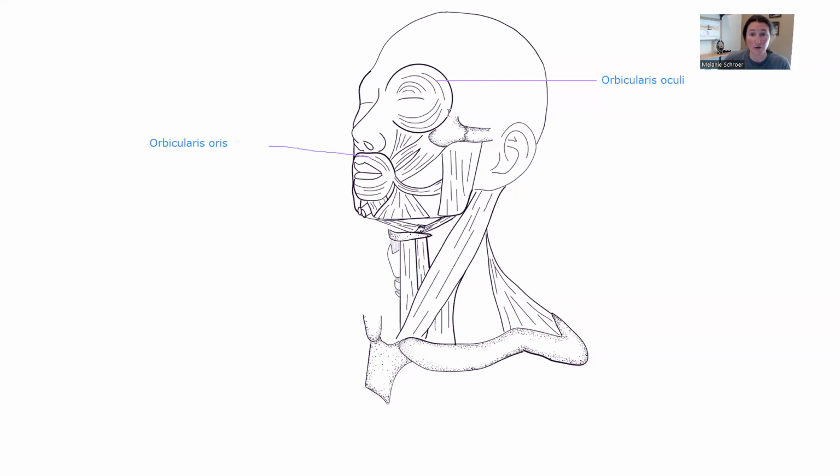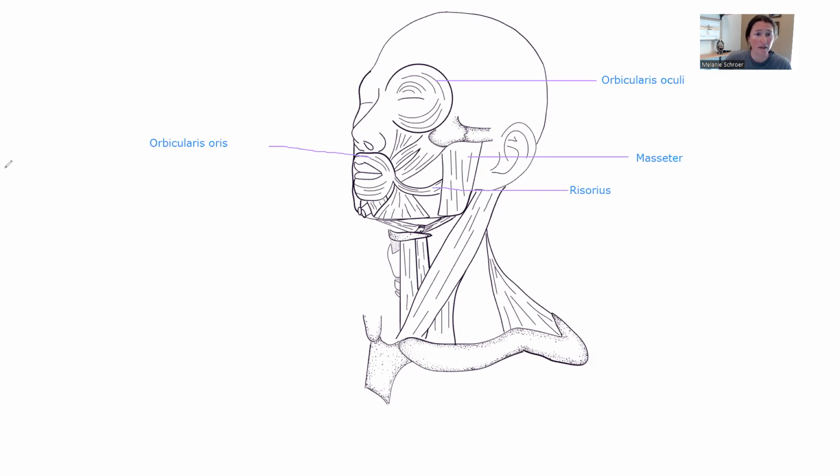Orbicularis oculi, going around the ocular, around the eye socket. Okay. Next, we have the masseter. Masseter, one of those muscles of mastication. We have the risorius. And the risorius is here, that fake smile muscle.